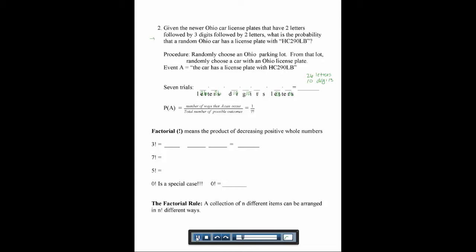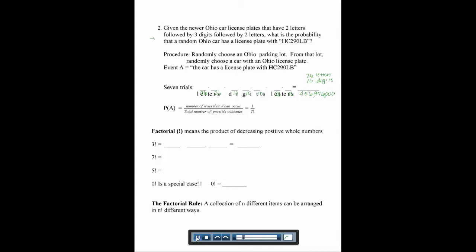To find the total number of license plates, we're going to take 26 times 26 times 10 times 10 times 10 times 26 times 26. So here we get this very large number: 456,976,000 license plates.